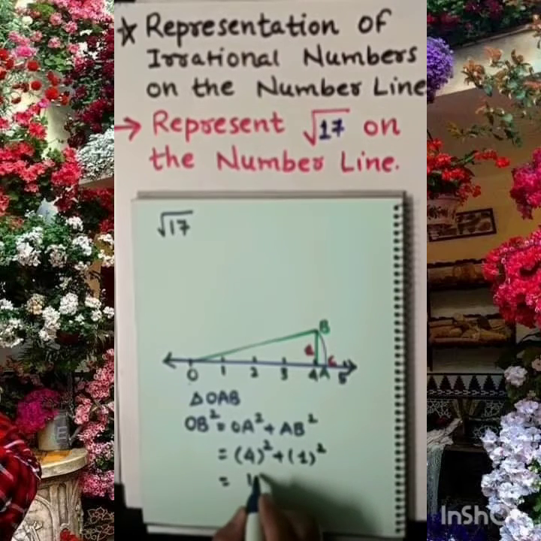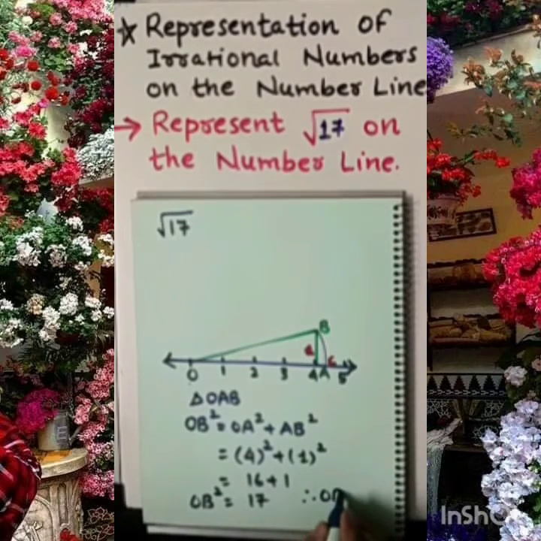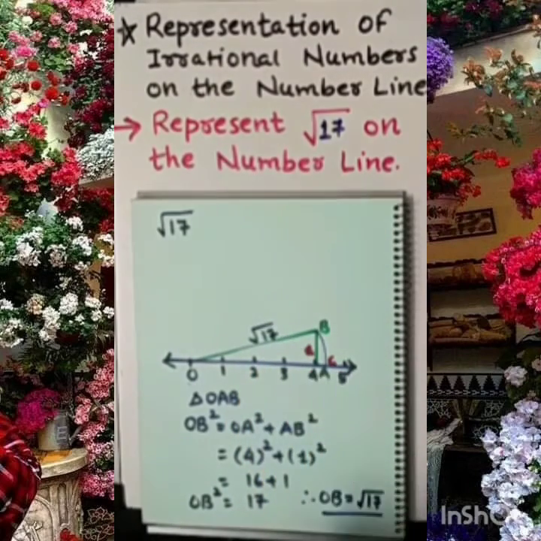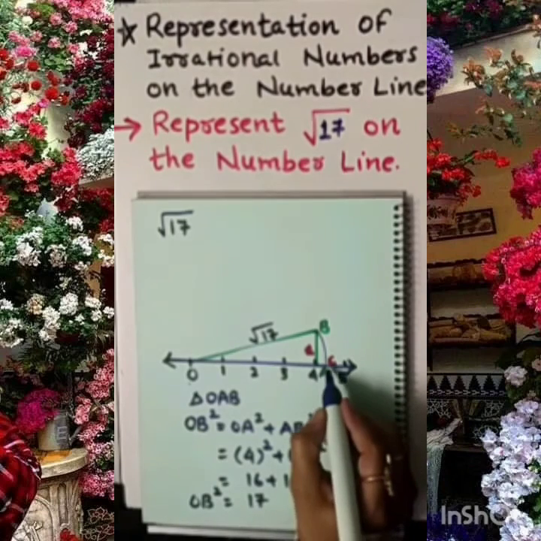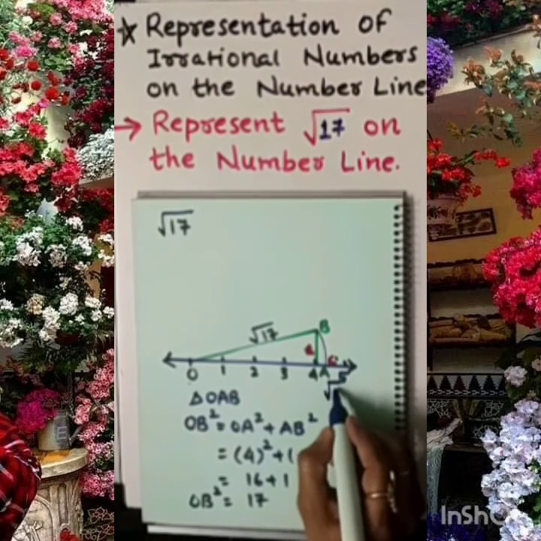So 4 square is 16 plus 1, that is 17. OB square equals 17. Therefore, dear students, OB equals under root 17. So this is the complete representation of under root 17. This much portion is under root 17, and this C point where it is located on the number line is indicating under root 17.